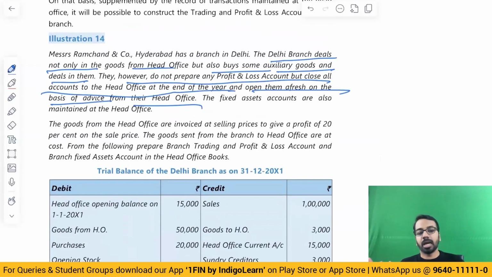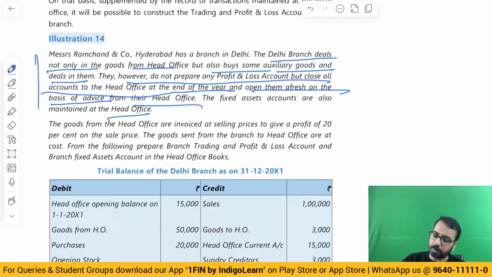So basically, who is preparing? Head office is preparing. If head office is preparing, what head office will typically do is account for all of it, the goods sent and so on, at cost only. If the branch was preparing, or if the head office was preparing as per the branch books, and we had to account for stock reserve and all of that, that is a different scenario.